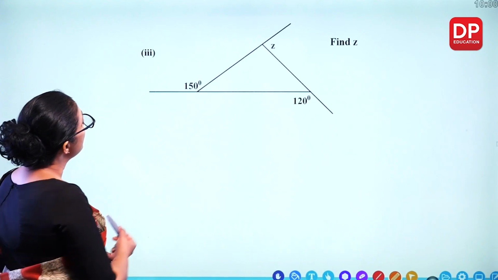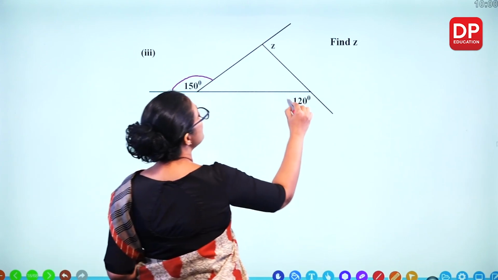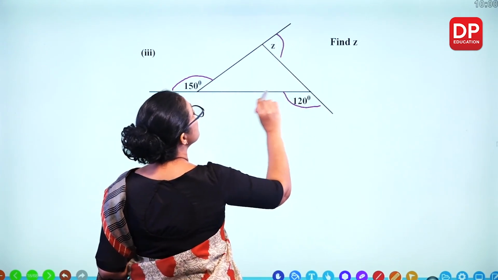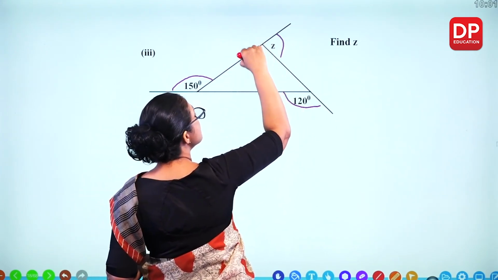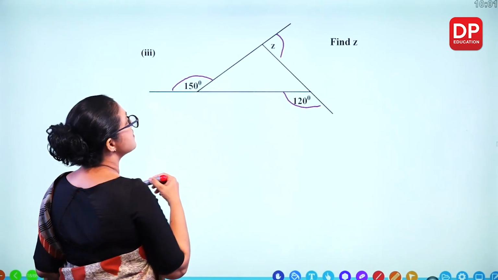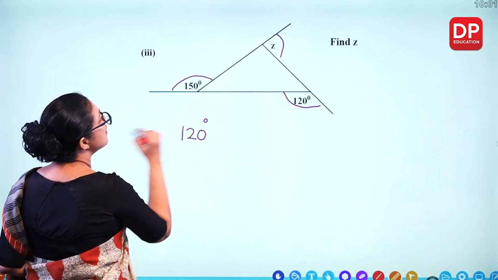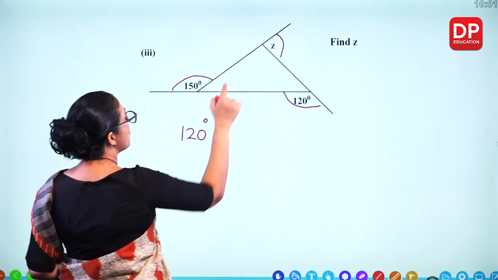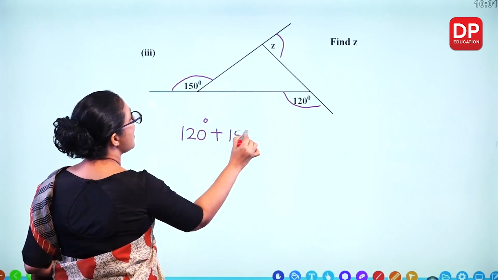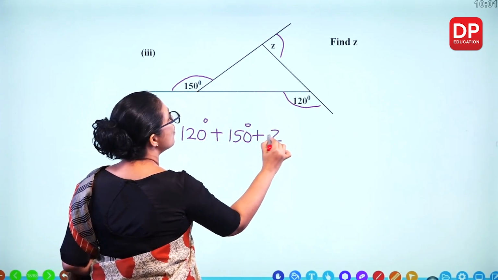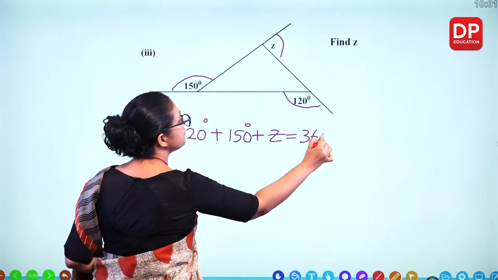Look at this one again. These three are exterior angles. When you extend sides here, this is clockwise extended and you get these three angles. So what's the theory? Sum of all exterior angles add up to 360.